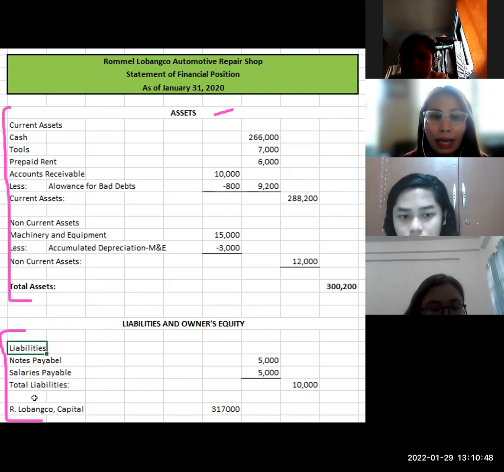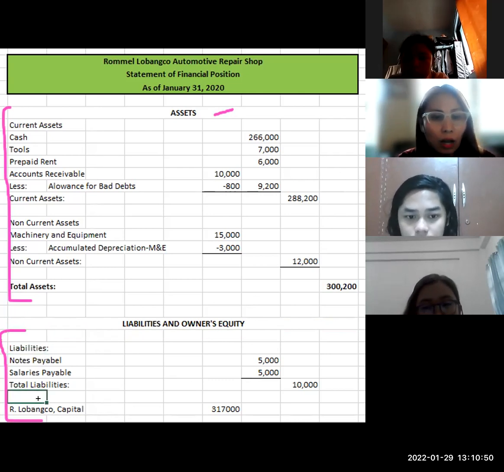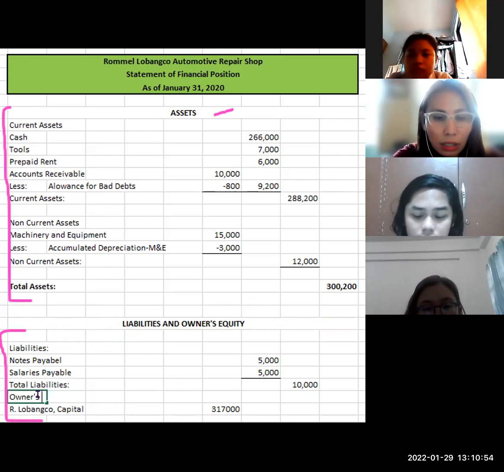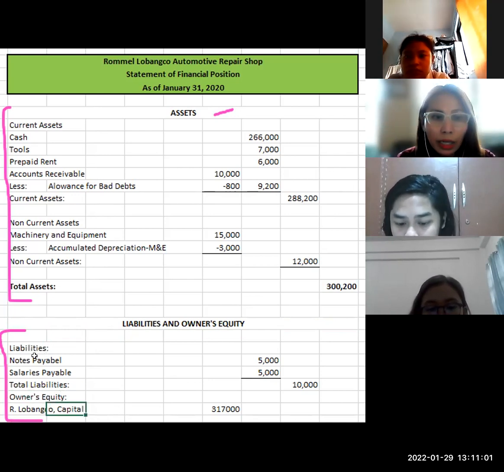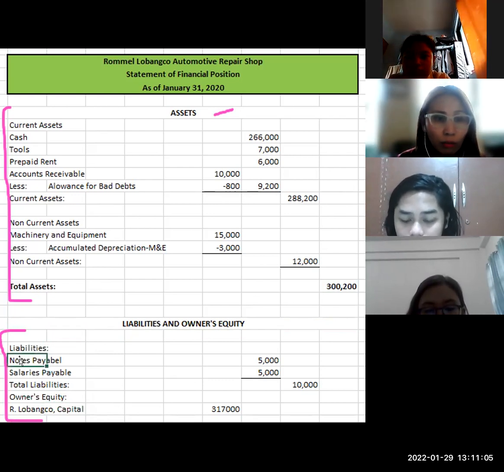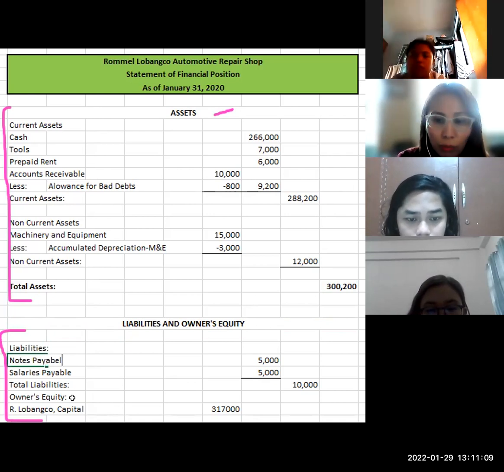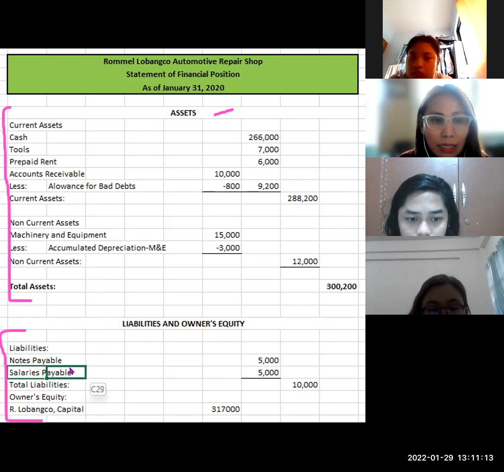Liability and owner's equity. Lagay natin to. Owner's equity. Ayan. Under liabilities, we have two. The notes payable and salaries payable.